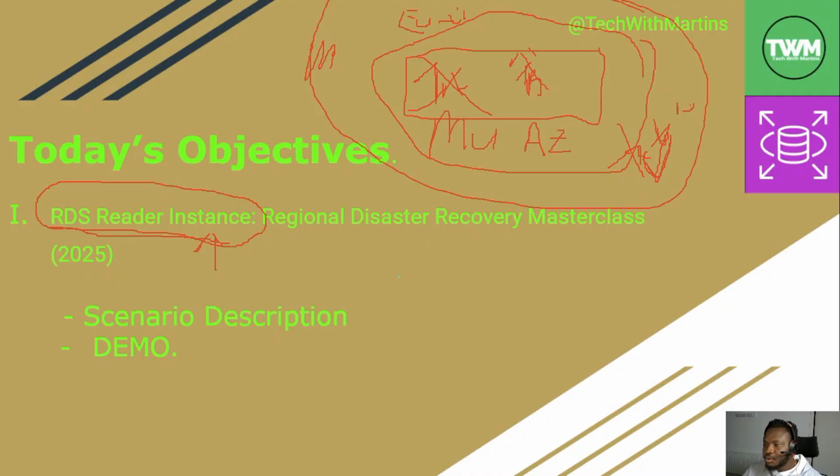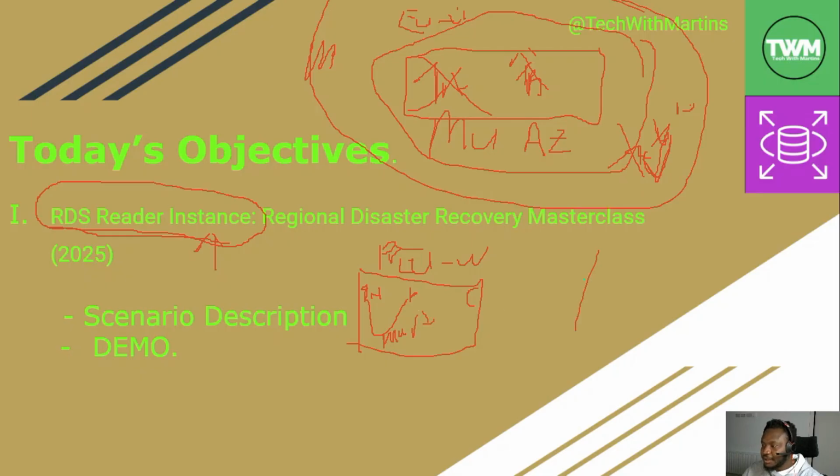So what we're going to do is have our normal primary RDS instance in one region, let's say this is EU West, with availability zones 1A, 1B, and 1C. We configure high availability, that's multi-AZ, in this region.